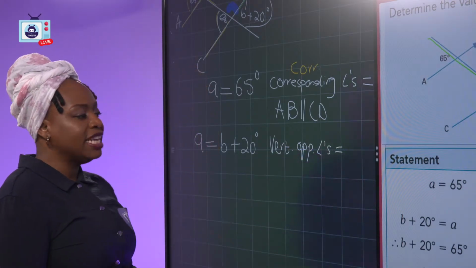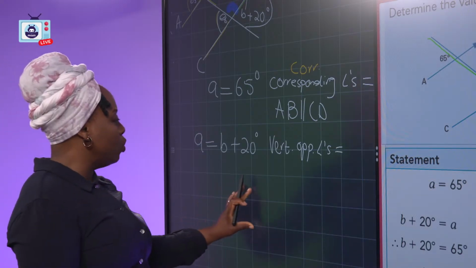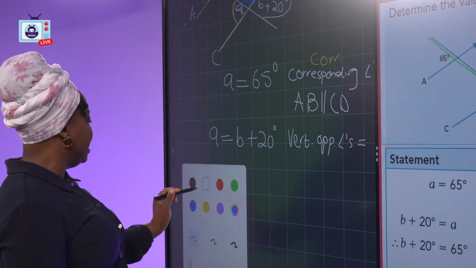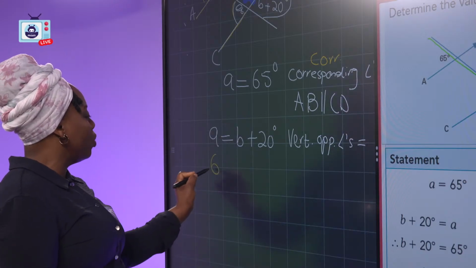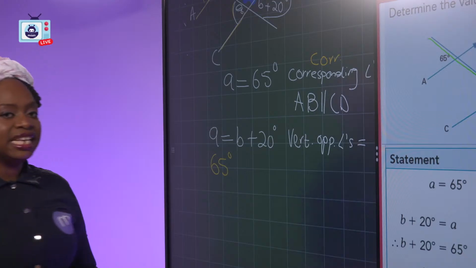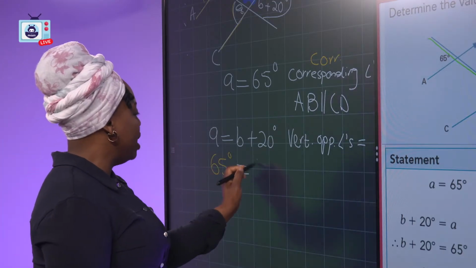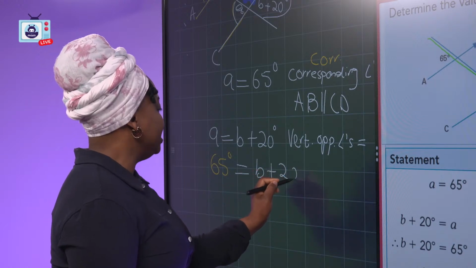You write it like that, and then you solve for B. Now we know that angle A has been calculated, or we have proven that it is 65 degrees. So we're going to substitute that, and then we have B plus 20 degrees.